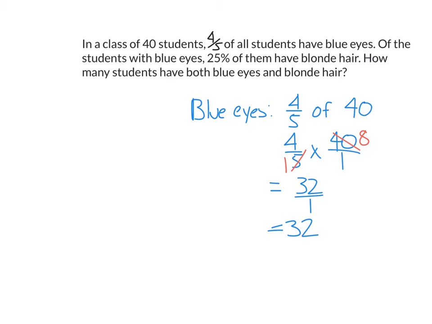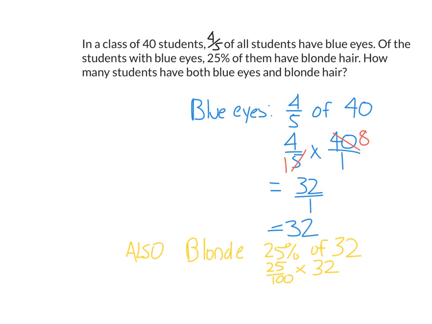So the question says that of these 32, 25% of them have blonde hair. So of the people with blue eyes, the people that also have blonde hair, I should write also have blonde hair. So that is 25% of 32. So you know that we make the percentage into a fraction and then times by the quantity.